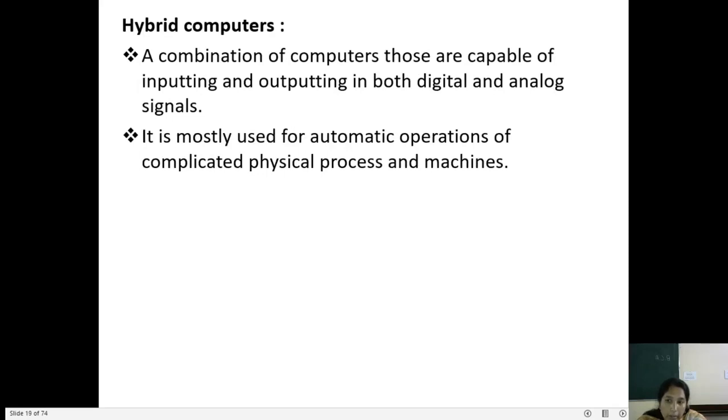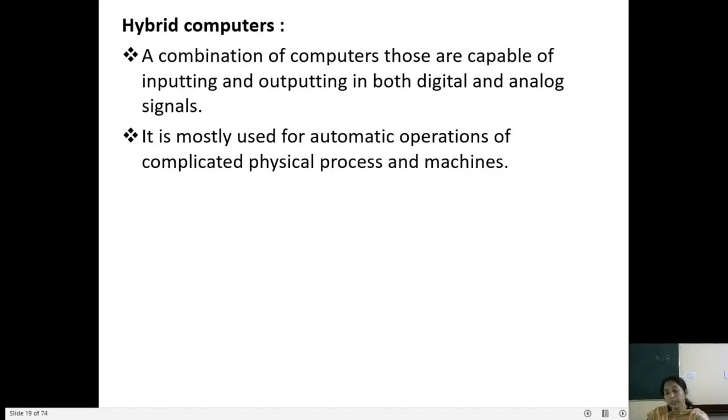A hybrid computer is nothing but the combination of both digital and analog concepts. These computers we normally use in the health field, and we also use them in weather forecasting.